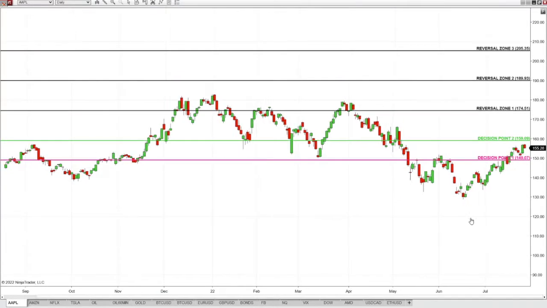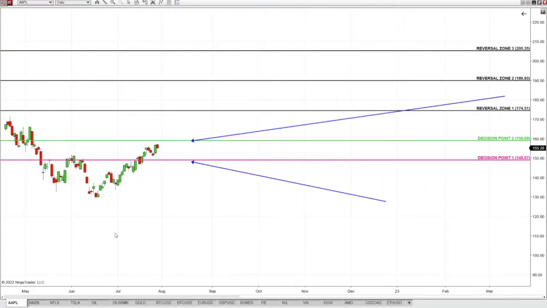Choice is yours. This is a problem on Apple. Major problem. 158, 159 level. Buyers exhausted. Buyers are tired. We'll dissect much more in detail in class.